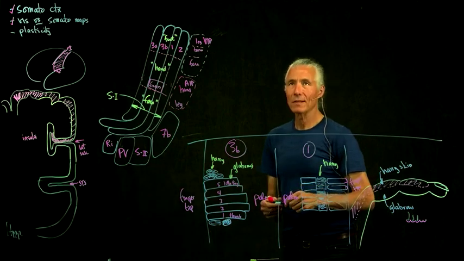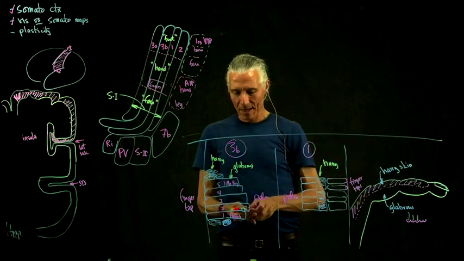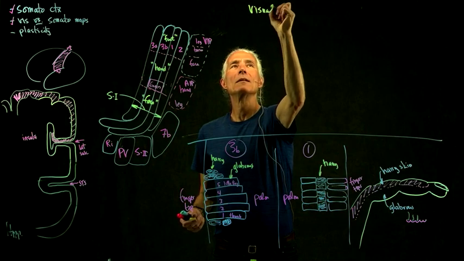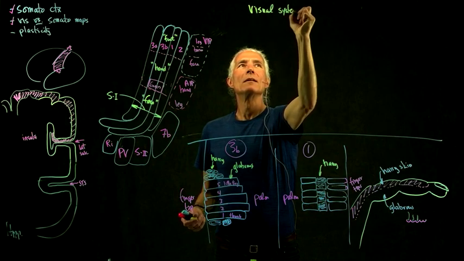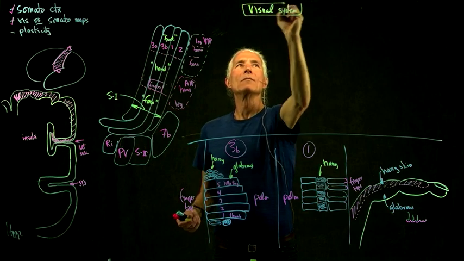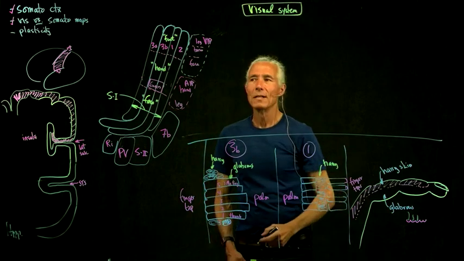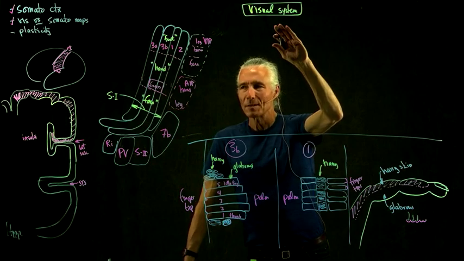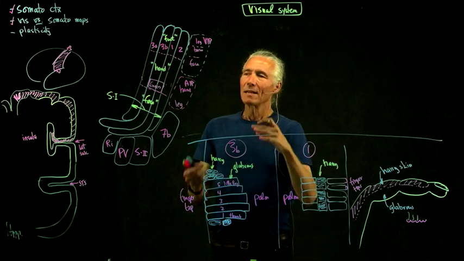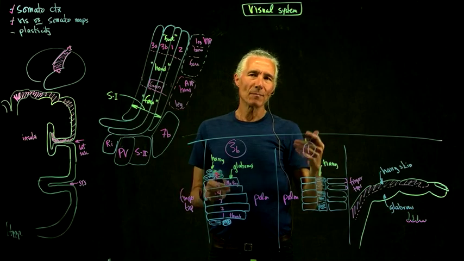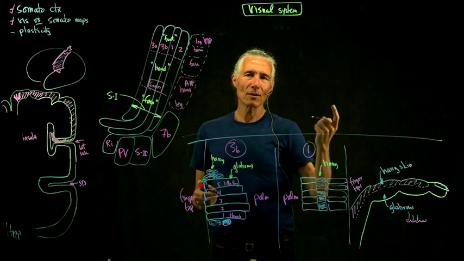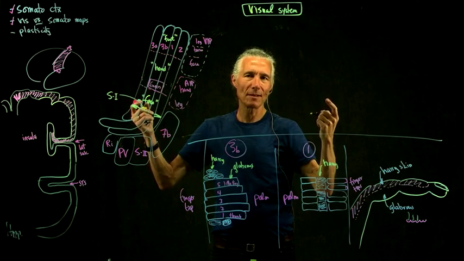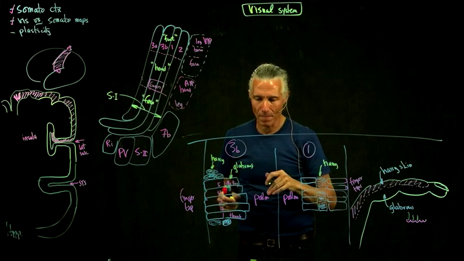If we start off in our visual system, when we talked about discontinuities, we talked about moving something across the horizontal meridian and suddenly it jumps to some other part of the cortex. That was a discontinuity. But let's look at it the other way around.